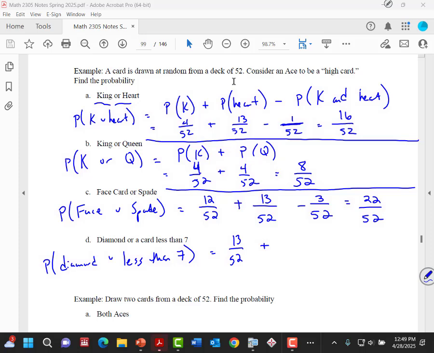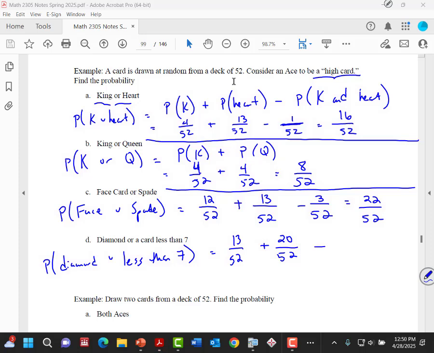Now let's think this through. I'm considering ace to be a high card. So what cards in the deck are less than 7? That's a 2, 3, 4, 5, or 6. So that's 5 denominations less than 7, but there are 4 suits of each. So 5 times 4 would give me 20 out of the 52 are less than 7.